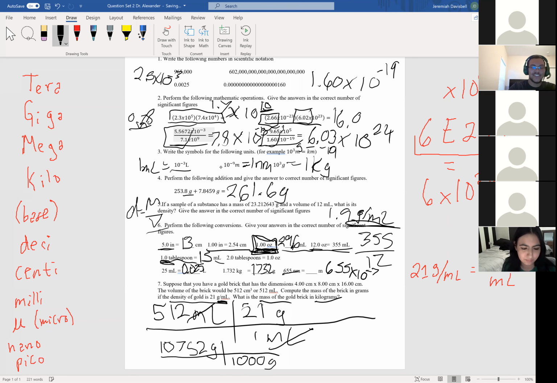So 1,000 grams per kilogram. And what do we get? 10.752 kilograms. Perfect. Any questions?